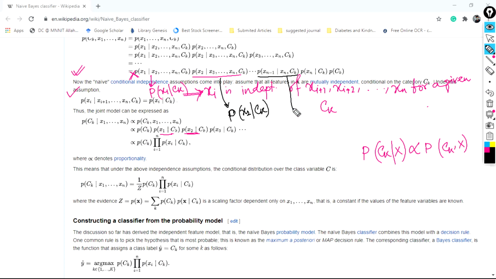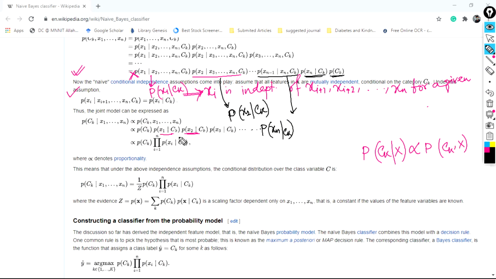If this is mutually independent, this term will be written as probability of x(n-1) given Ck, and up to the last, probability of xn given Ck. Okay, I think that is simple.